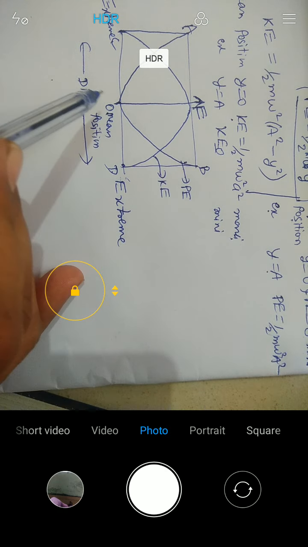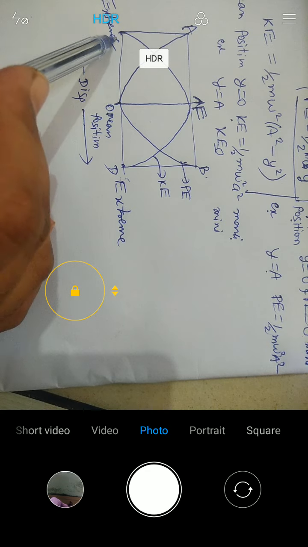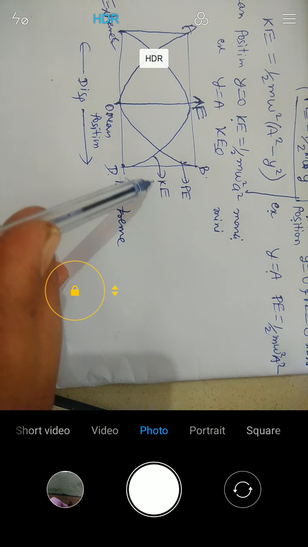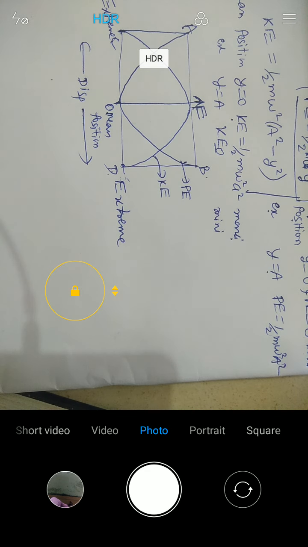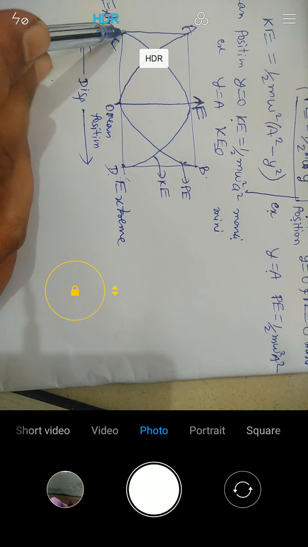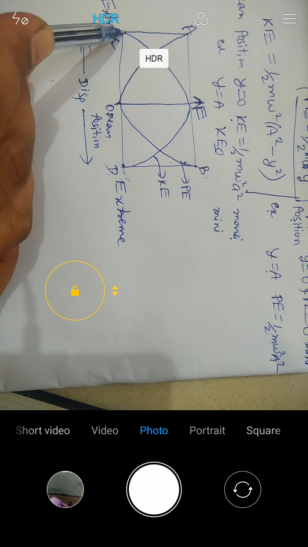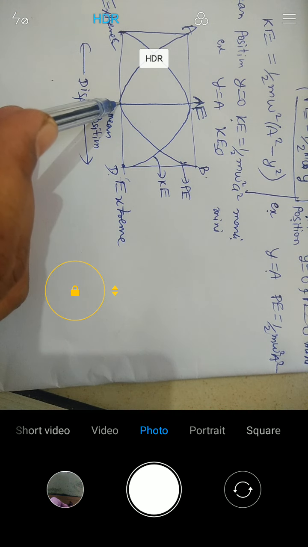So curve AOB is the potential energy, curve CED is the kinetic energy. The potential energy is maximum at the extreme position and it is 0 at the mean position.